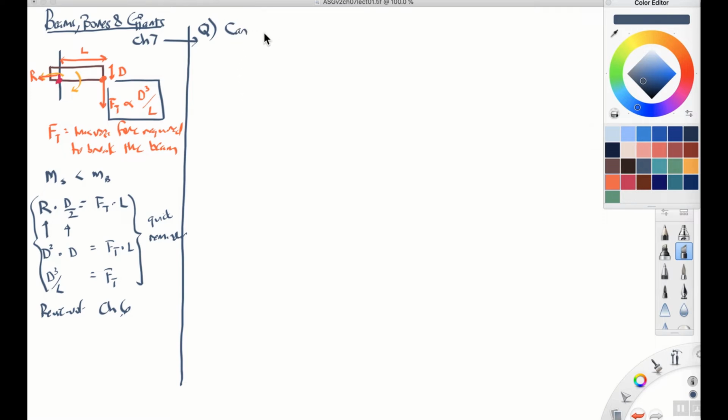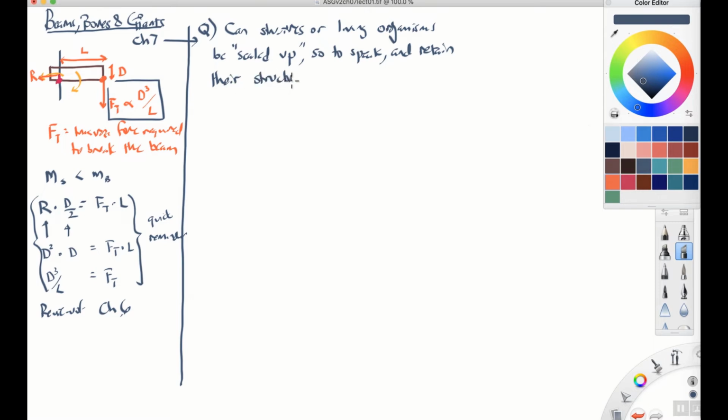And here was the question: can structures or living organisms be scaled up, so to speak, and still retain their structural integrity, that is, their ability to stand up under their own weight? Or is there some kind of size limit?